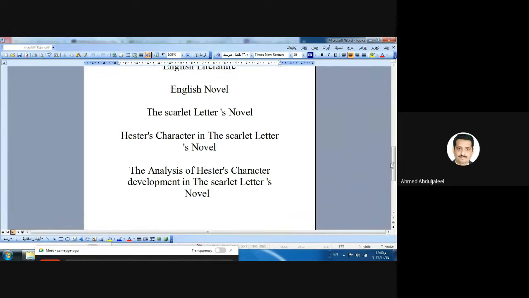We are going to select resources that are related to The Scarlet Letter, critics, or certain opinions that are related to this novel, and then we are going to specify this survey to the analysis of this character only, because this novel contains so many characters. So we are going to specify to a certain character in this specific novel.